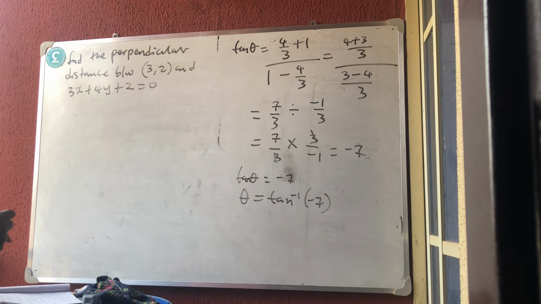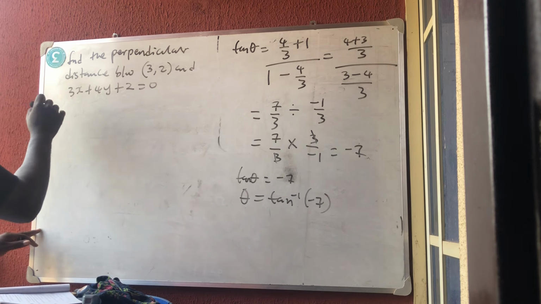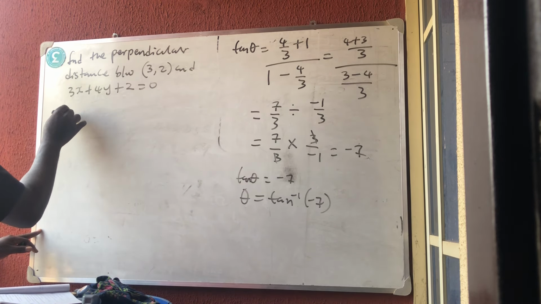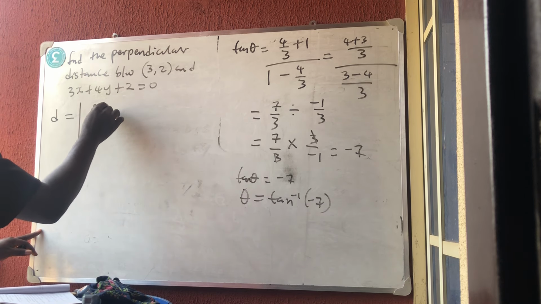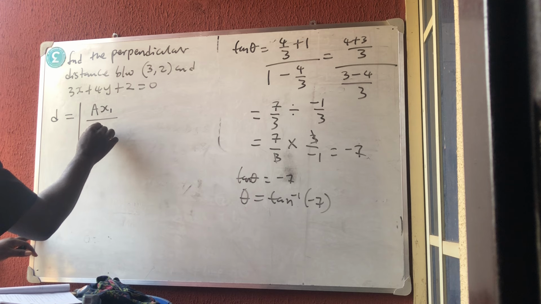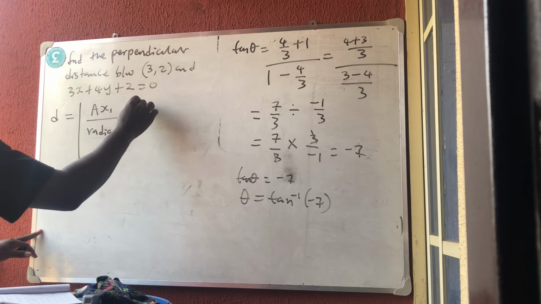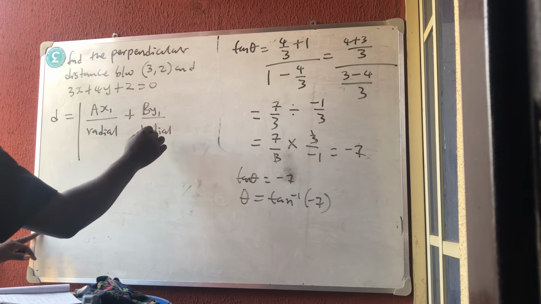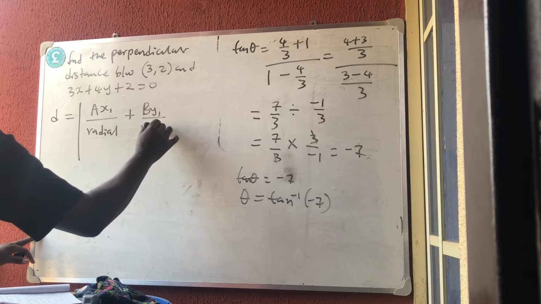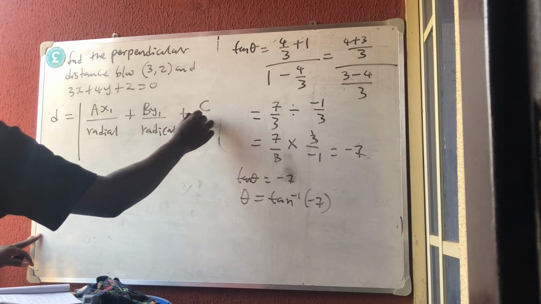Now, whenever you are asked to find the perpendicular distance, I forgot to give you the formula. So the perpendicular distance is equal to the absolute value of ax1 over radical plus by1 over radical plus c over radical.